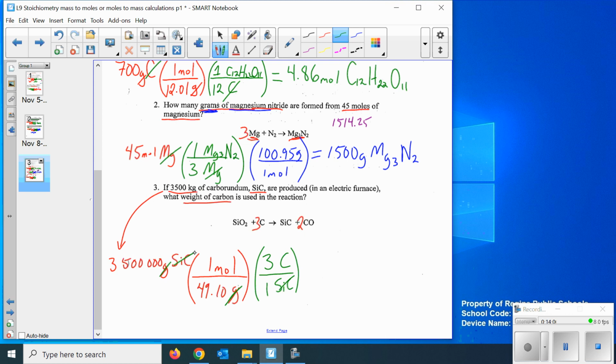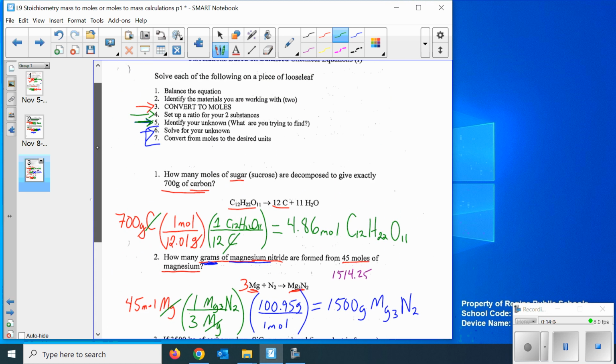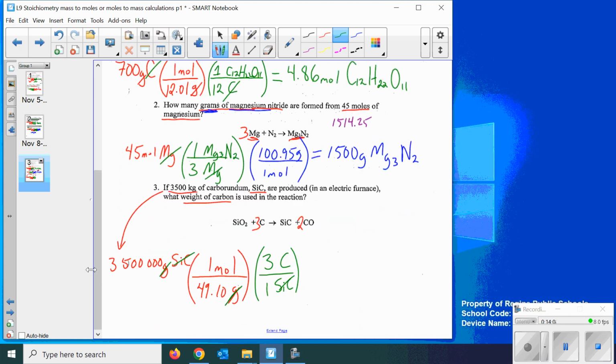I want moles. Nope, I want weight, meaning mass, actually. So solve for my unknown, which kind of did, and convert from moles to heat. So carbon, I use 12.2. Is this how we're set up?